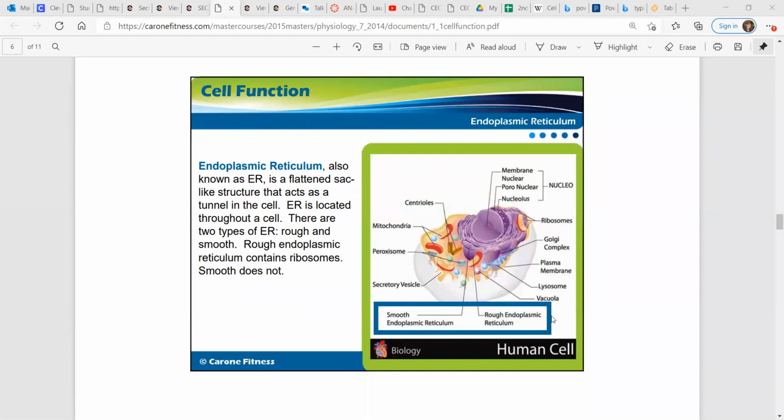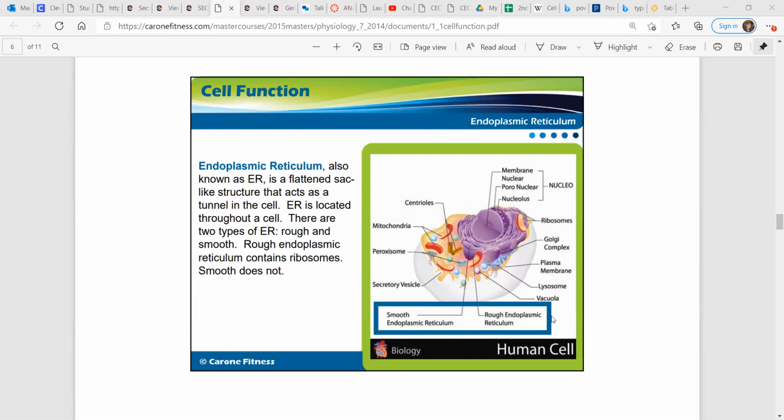The endoplasmic reticulum, which we also call the ER, is a flattened sac-like structure that acts as a tunnel in the cell. It is located throughout a cell, and there are two types, rough and smooth.